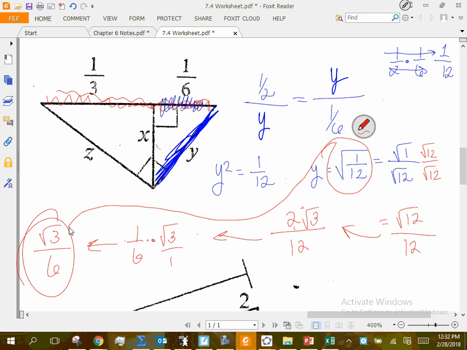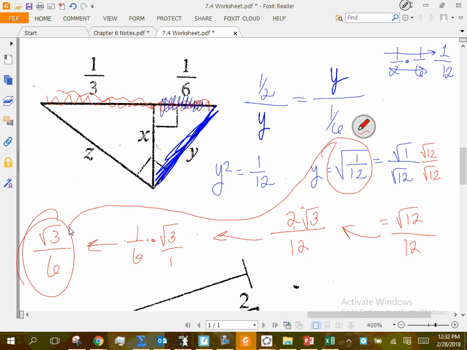Now, this is just a coincidence because of how the 3 and the 6 are multiples of one another. And really the same thing with the 2 and the 6 here. But Chandler said, what if we take the 1/3 and the 1/6, we added those together, and we got 3/6 over y is equal to y over 1/6, right?